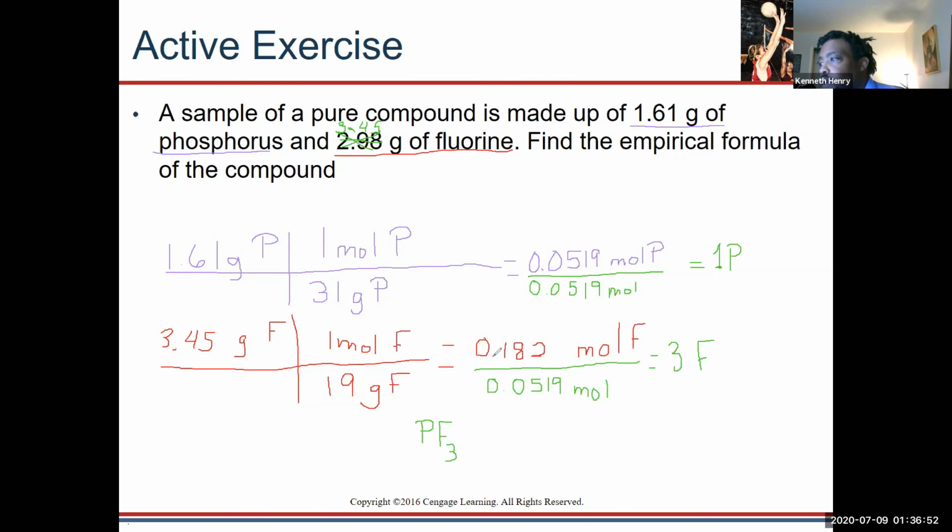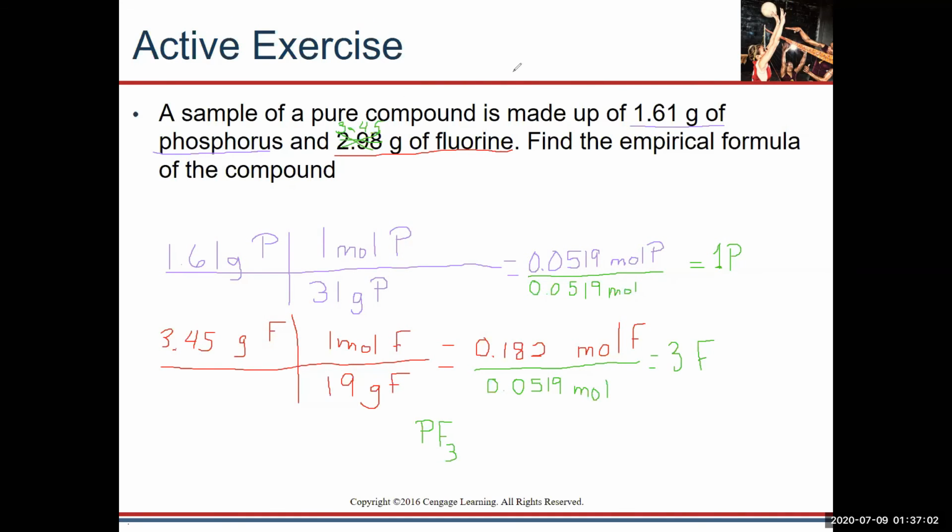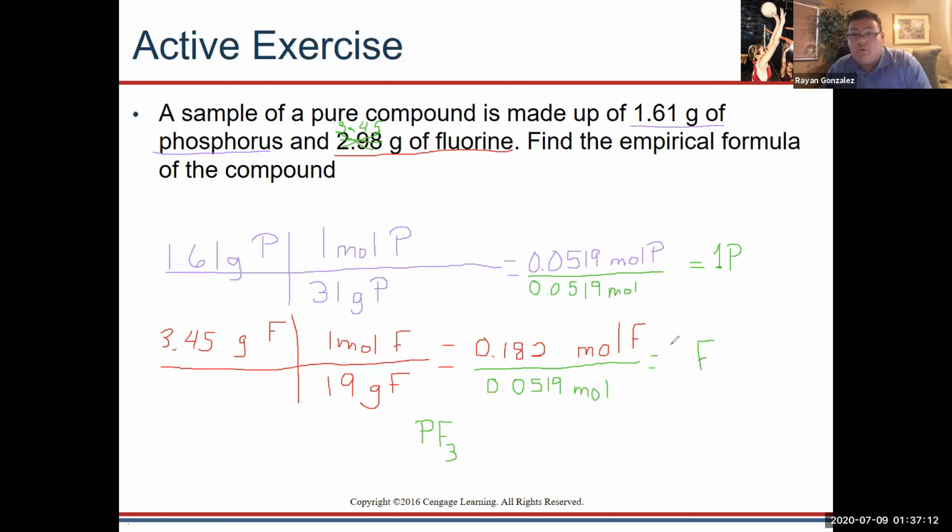Okay, so when I divide 1.182 by 0.0519, what do I get? 3.51. So 3.5. What can I do to make this a whole number? We're not going to round up or round down, because the number is too relevant.